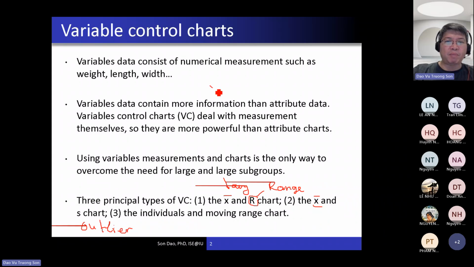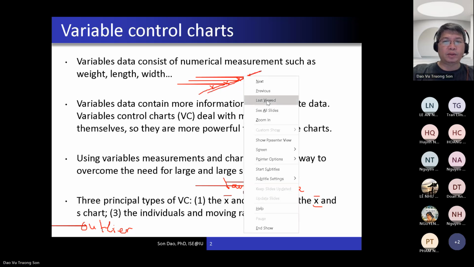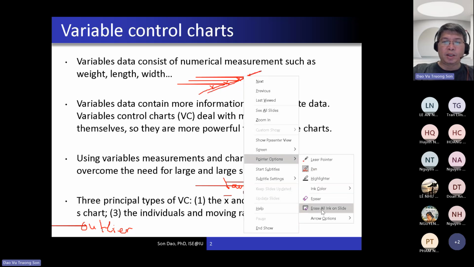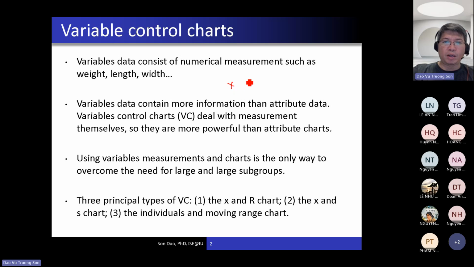For example, let's say we have 4 points like that, and we can always find a linear relationship between them.